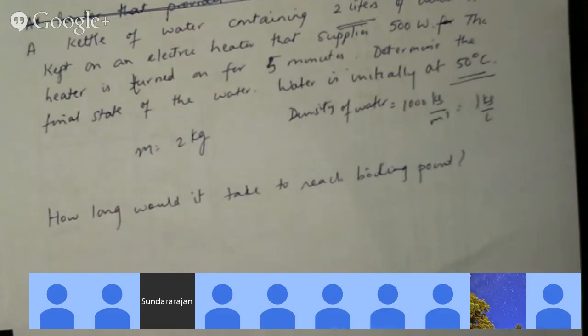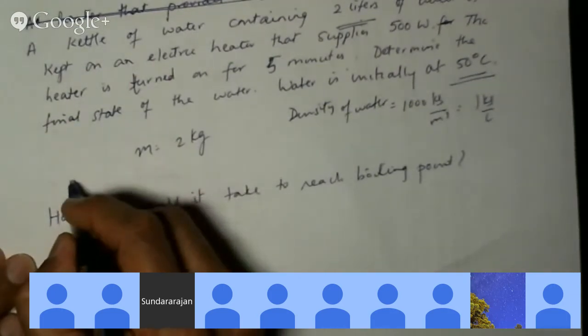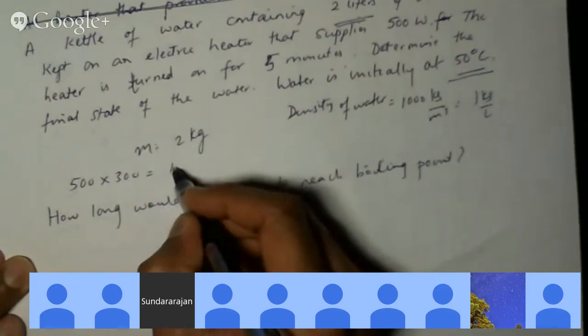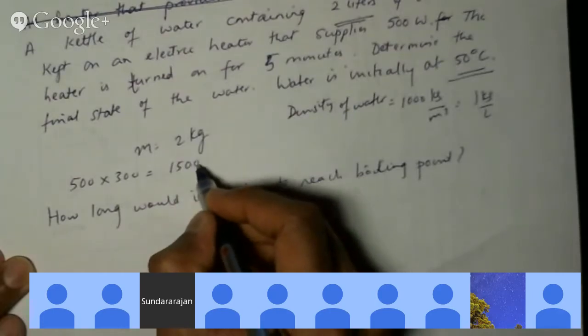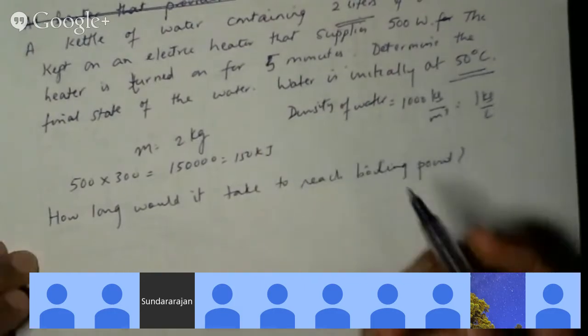So walk me through the process. You're going to take the 500 watts, multiply that by 300 seconds, and it's going to be 150 kilojoules.